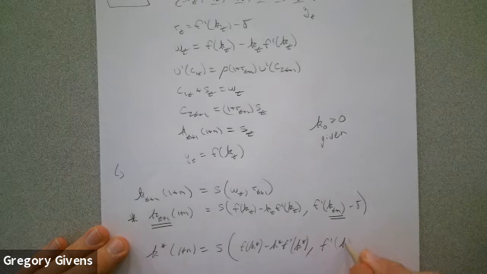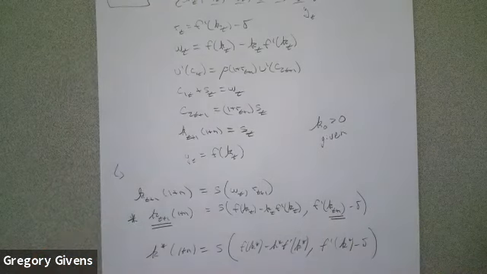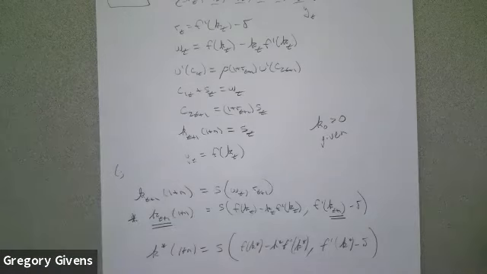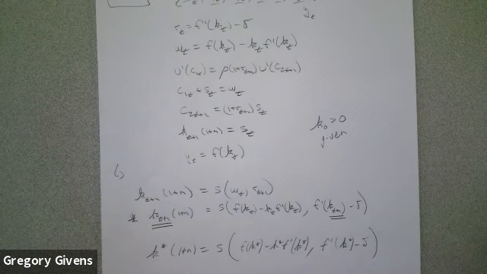Comma, F'(K*) minus delta. Unfortunately, this equation, without further restrictions on the production function and on the utility function, does not necessarily admit a unique stable equilibrium.